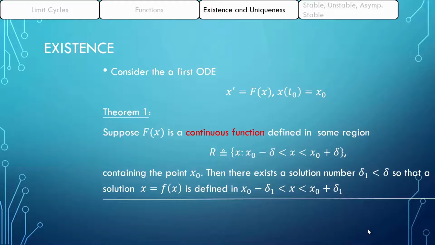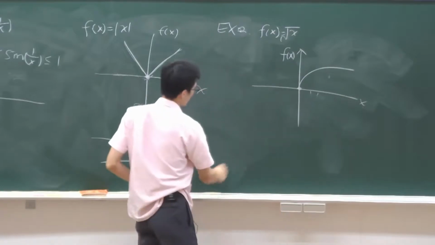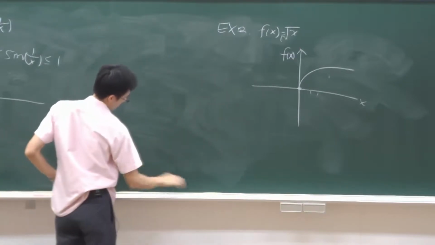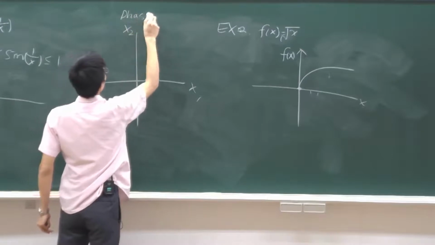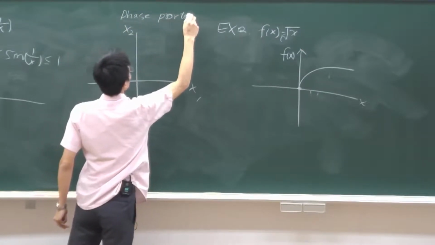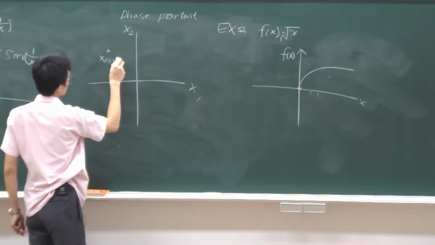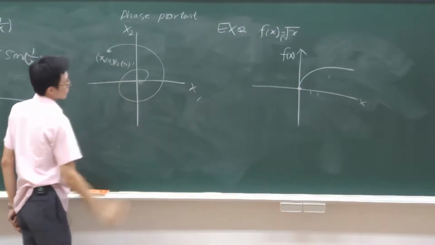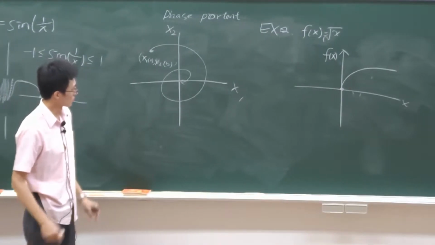Stability means, your objective is to design a controller such that given any initial conditions, no matter where in the phase portrait, now it's x1, x2 phase portrait, you want to see if you can go to the equilibrium point and conclude that it's asymptotically stable or stable, right?